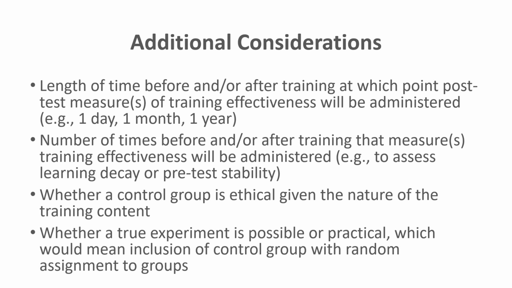And the reason we do this is in part to make sure that there are no pre-existing differences at baseline or pre-test. If you randomly assign people, demographics and the other types of information, as well as levels on those initial measures of training effectiveness, are typically going to be more similar. And so to have a true experiment, you need to have both random assignment and a control group.